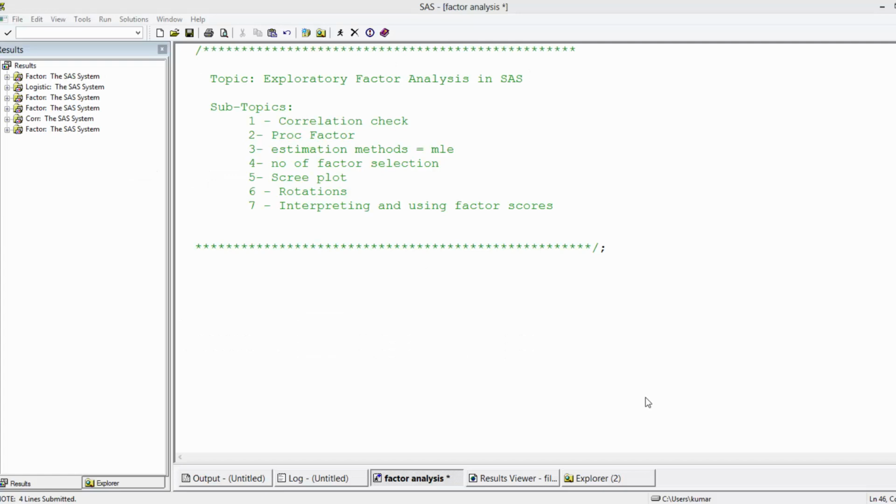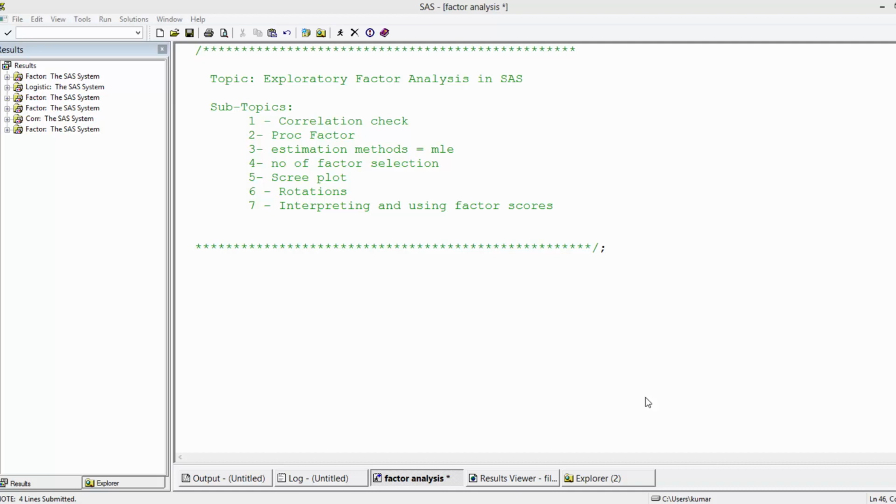In this video, I'll discuss how to perform exploratory factor analysis in SAS. The confirmatory factor analysis will be covered in a separate session. What are the things that I am going to cover in this session? First, I'll do a correlation check of the variables.